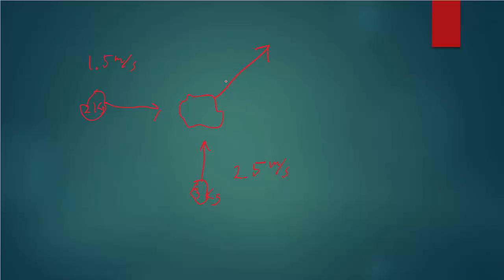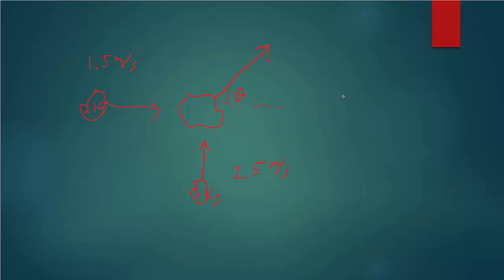So if I wanted to find exactly what this velocity is and at what angle it's moving relative to the horizontal, so theta there, I can use this idea of conservation of momentum in each direction.